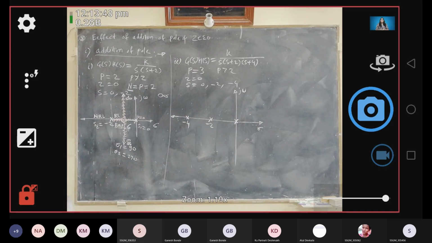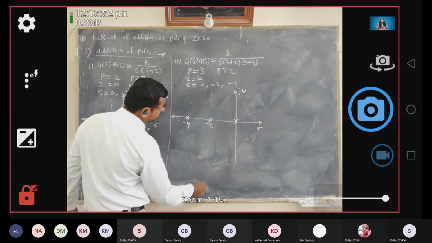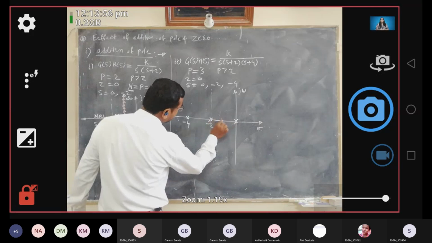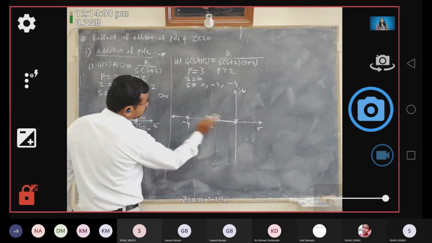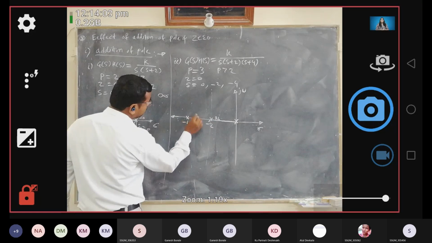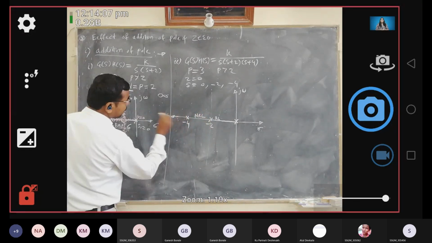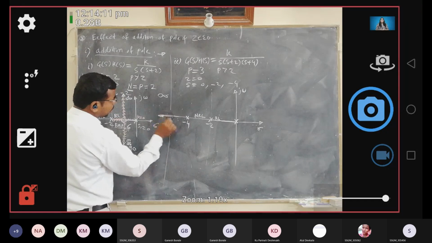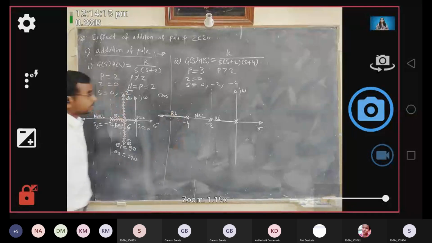Then the part of root locus and non-root locus. Up to this section, P plus Z is odd, therefore this will be part of the root locus. Then for this section P plus Z is even, so this will be part of the non-root locus, and beyond this it is odd, so this will be part of the root locus.